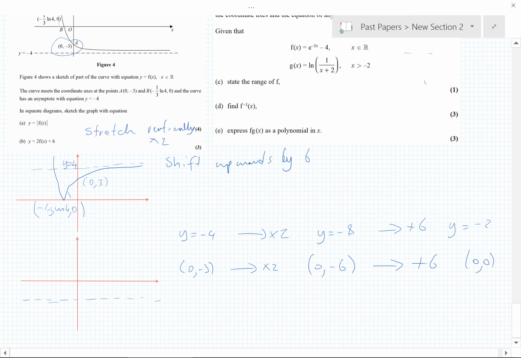Okay, and this point here, you might wonder what I do with that point, but that actually doesn't cross the axes at any point, so I'm not going to bother with that. So we've got the curve going through the origin and having asymptote at minus 2.